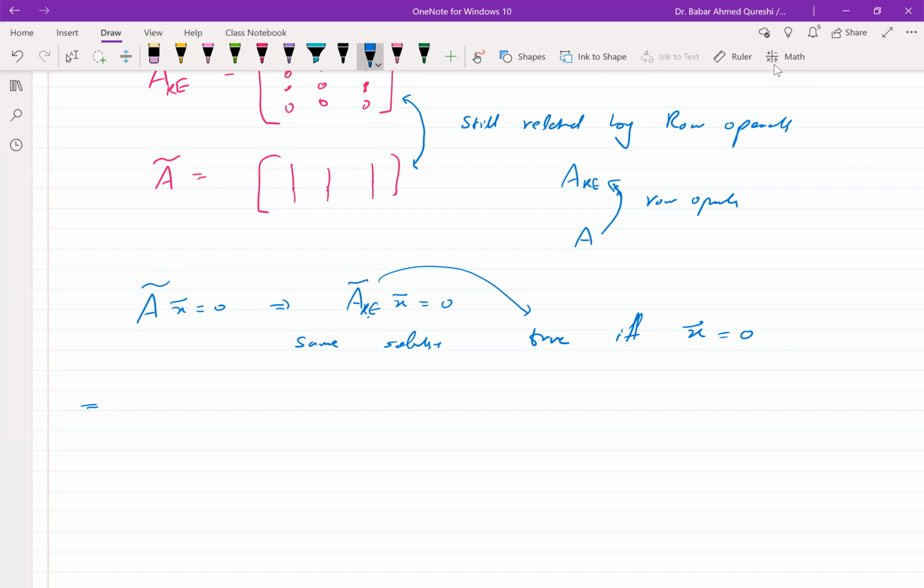But because they have exactly the same solution, this implies 0 only if, actually if and only if, x is 0.